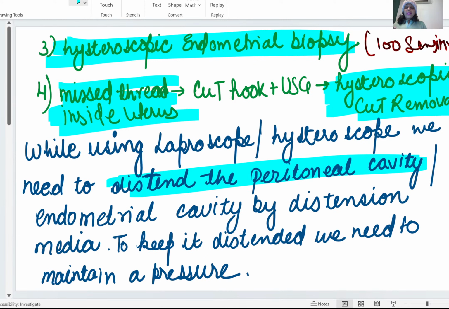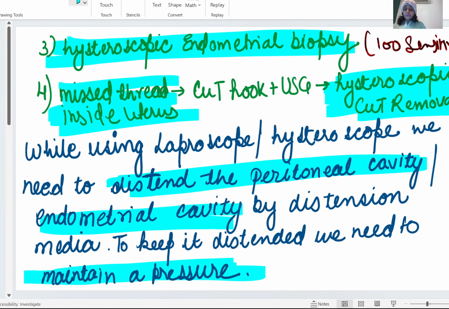We distend that cavity by distension media, and to keep it distended we need to maintain a pressure. Questions have been asked on the media quite a lot of times.